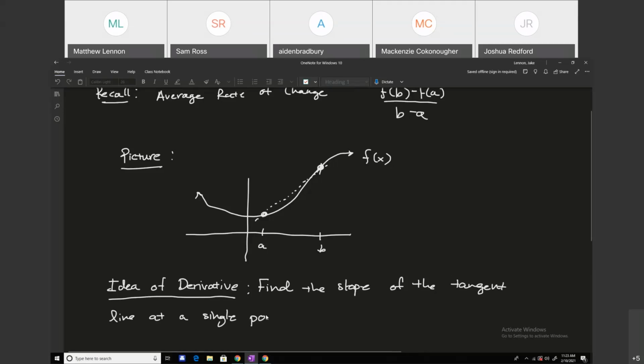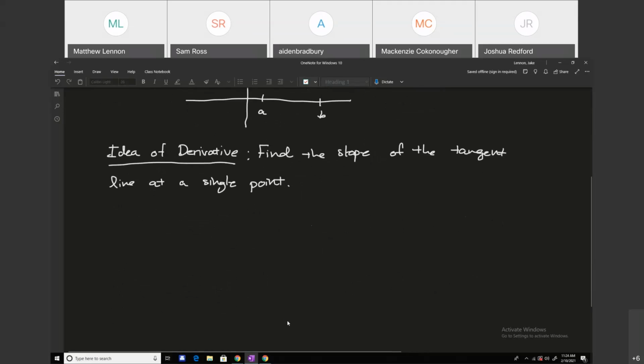And the way we do that is we use the concept of a limit that we learned about previously. What we do is we shrink the interval, the distance between A and B, to essentially 0. And as we do that, we're finding the slope of the tangent line. So the notation for this involves that prime notation.